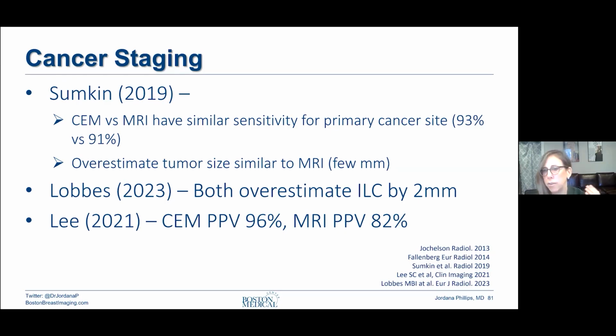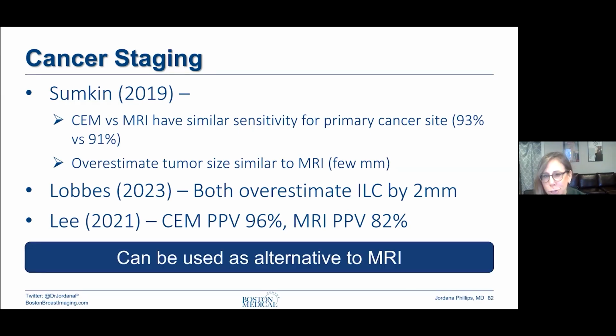And this, again, is borne out over and over again: when you see an abnormality on contrast mammo, it is more likely to be breast cancer than when you see an abnormality on MRI. This likely is because it's a 2D, planar projection. So if it becomes obvious enough for us to see it, then we should act on it to a greater extent than with MRI. And that's mainly what I have to say about that.